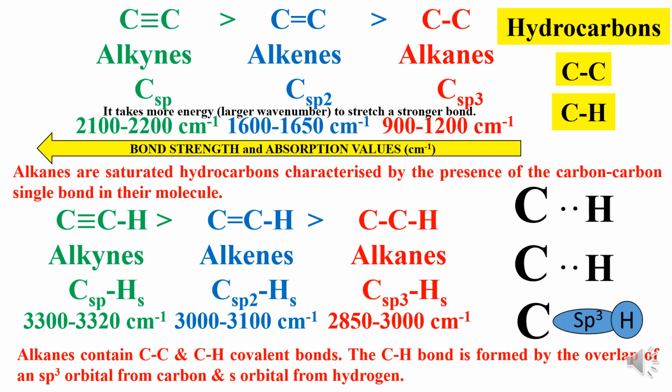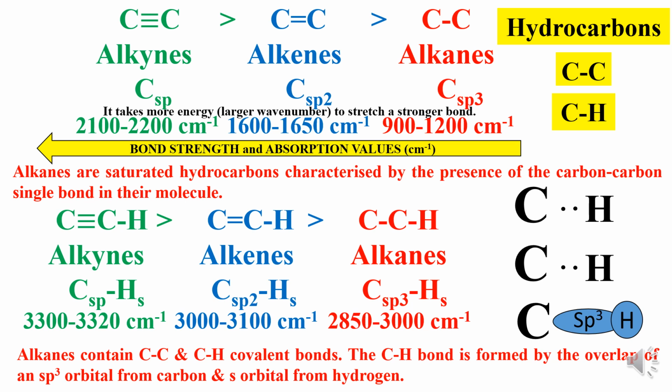And this is reflected by the respective absorption values where the stretchings of these bonds occur. So in the case of the alkyne CH bond, the absorption occurs somewhere around 3300 to 3320 cm⁻¹ as compared to that of alkenes with a wave number of 3000 to 3100 cm⁻¹.